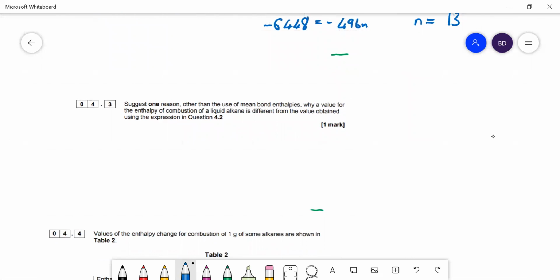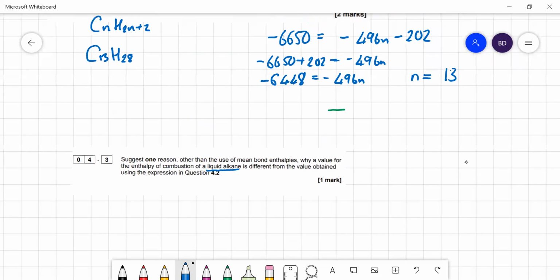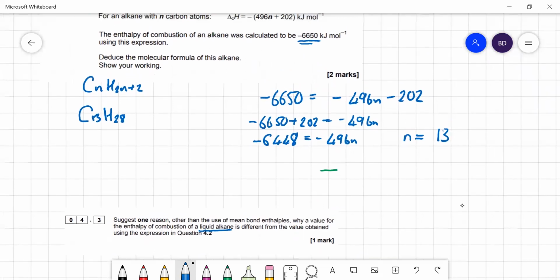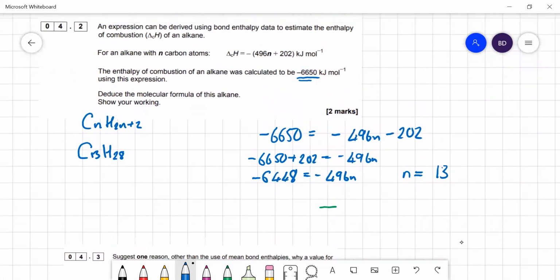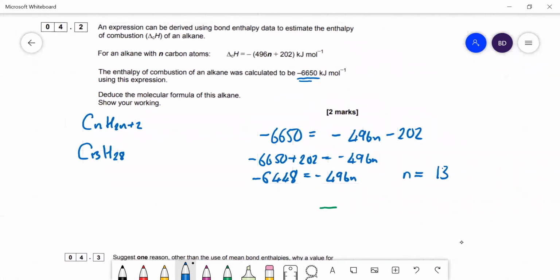Suggest one reason, other than the use of mean bond enthalpies, why a value for the enthalpy of combustion of a liquid alkane is different from the value obtained using the expression. I think what they're looking for here is that it's a liquid alkane, and the previous expression was for a gaseous alkane.